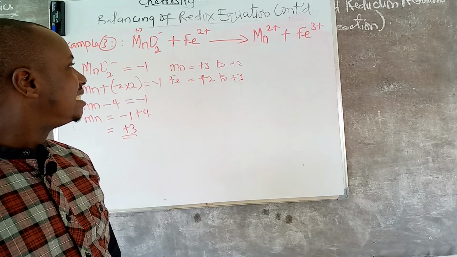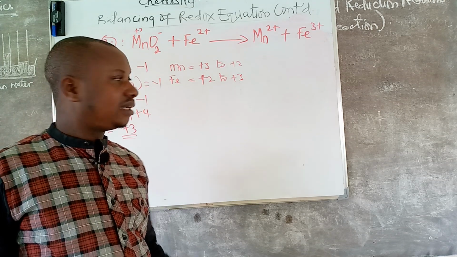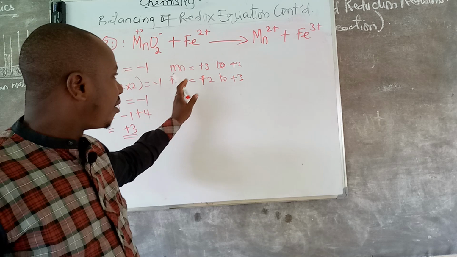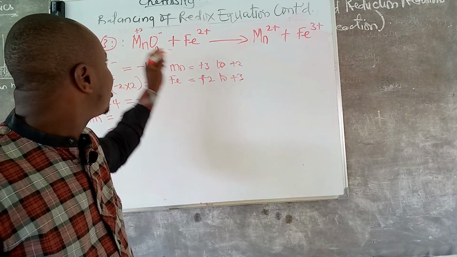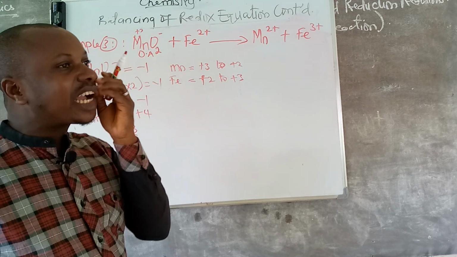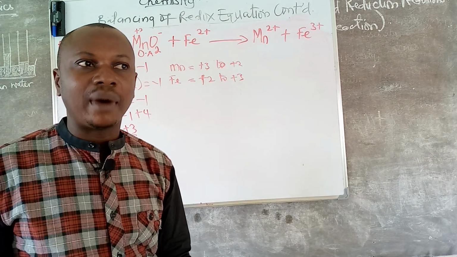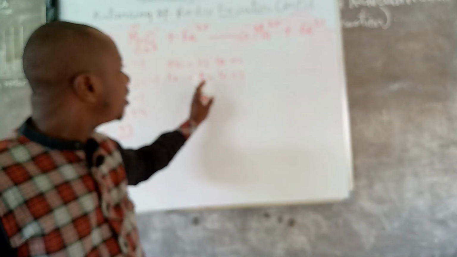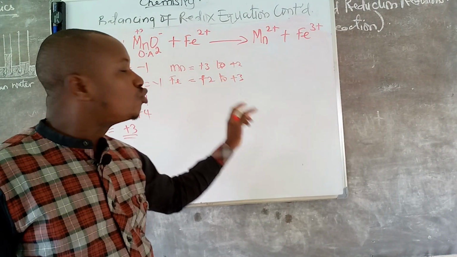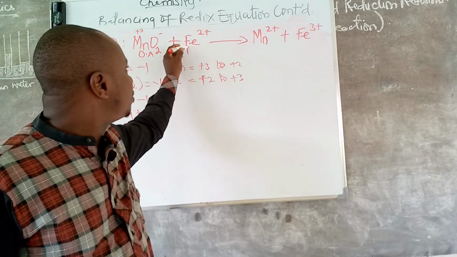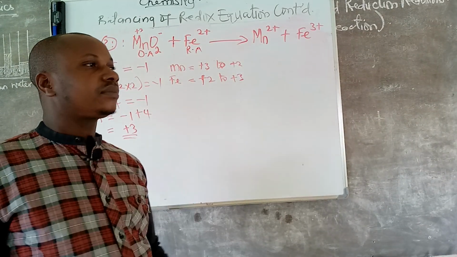If you watch, manganese is decreasing, while iron is increasing. That is to say that the whole of this is an oxidizing agent, because manganese has its oxidation number decreasing, while that of iron is increasing from +2 to +3. It's an increase. So it is the reducing agent.